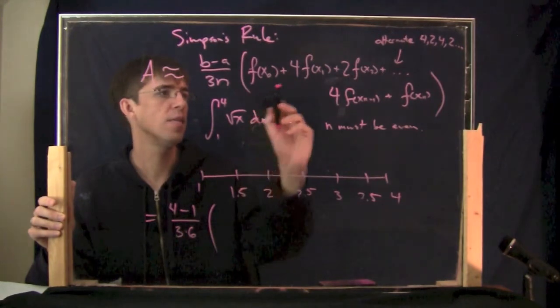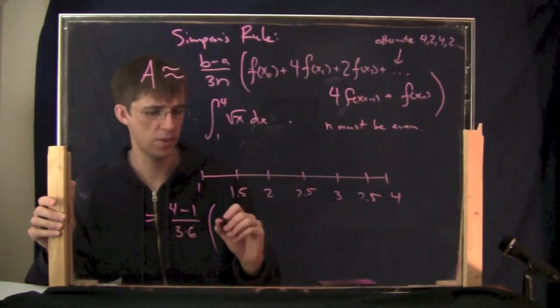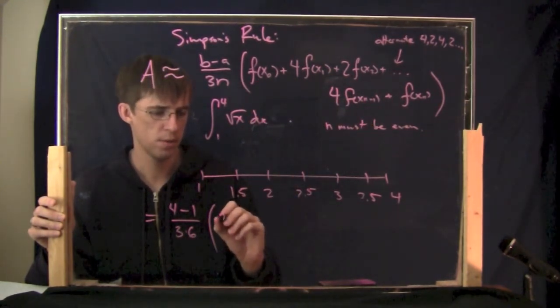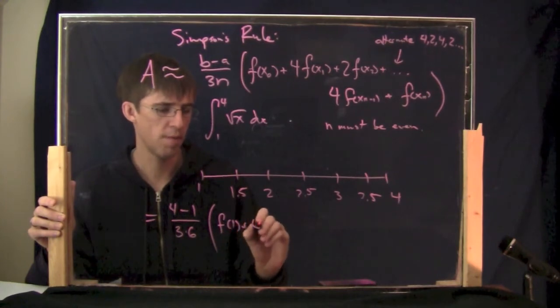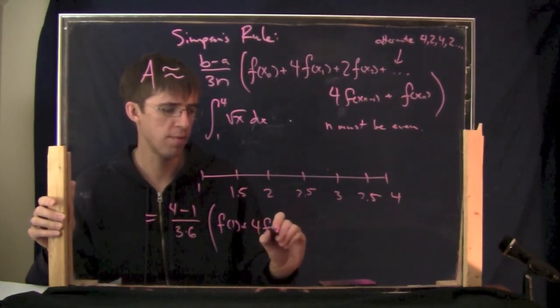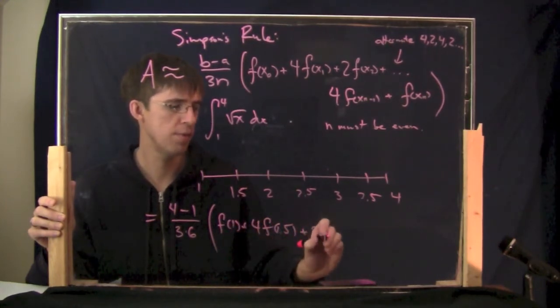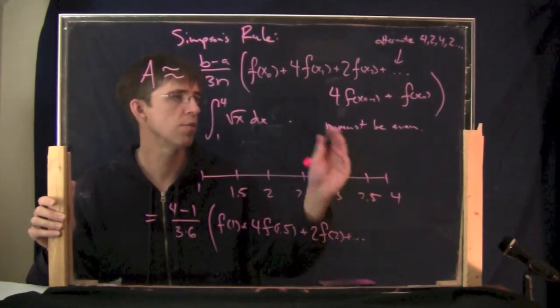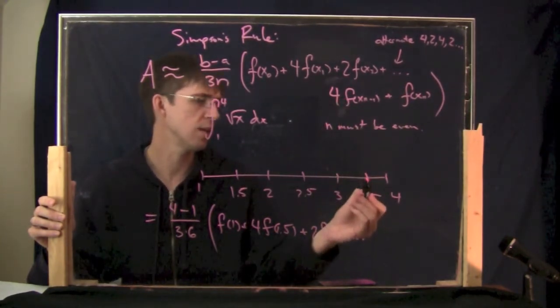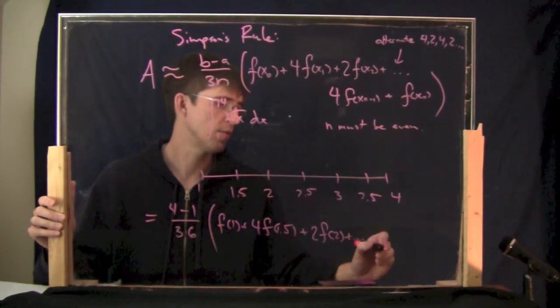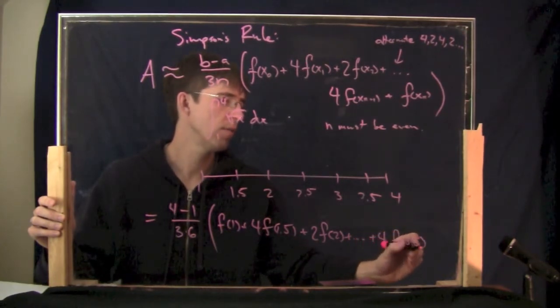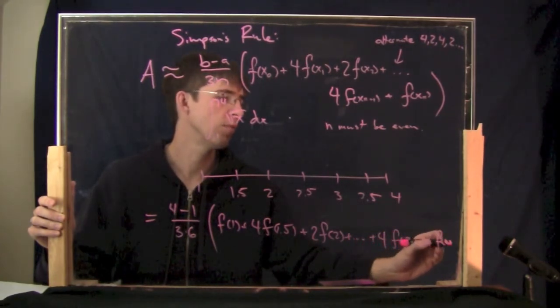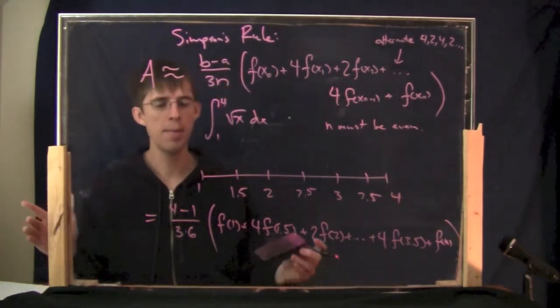What goes on the inside? This stuff. So f of x0, that's f of 1, plus 4f of 1.5 plus 2f of 2 plus etc., alternating 4s and 2s. The second to last one will have a 4, plus 4f of 3.5 plus f of 4.